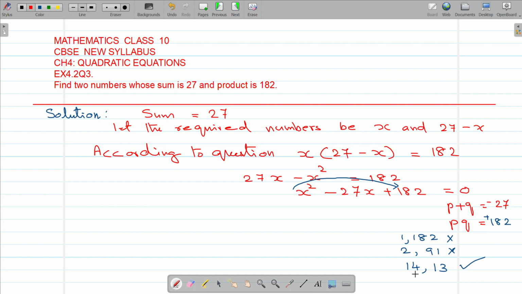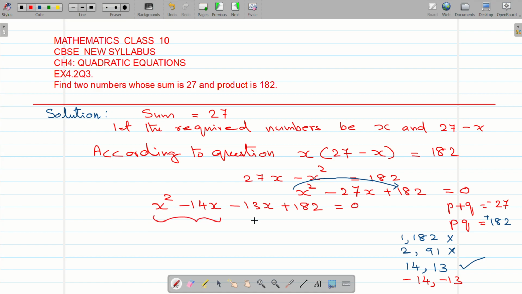So the factors are going to be minus 14 and minus 13. So x squared minus 14x minus 13x plus 182 is equal to 0.